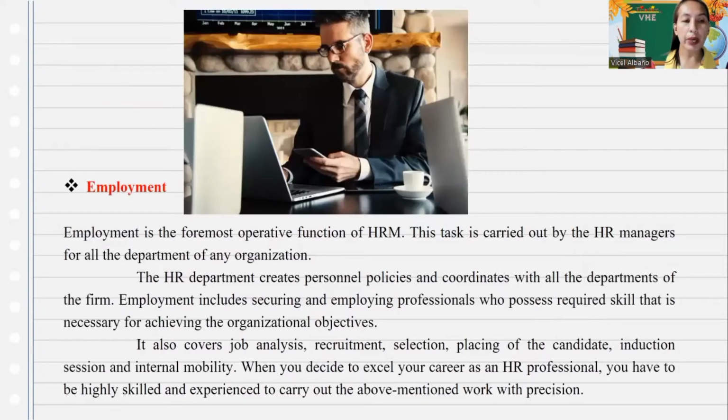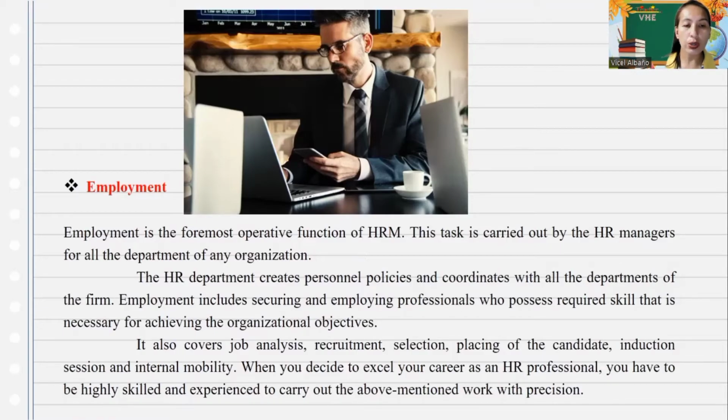That's employment. Employment is the foremost operative function of HRM. This task is carried by HR managers for all the departments of any organization. The HR department creates personnel policies and coordinates with all departments of the firm. Employment includes securing and employing the professionals who possess the required skills necessary for achieving the organizational objectives.